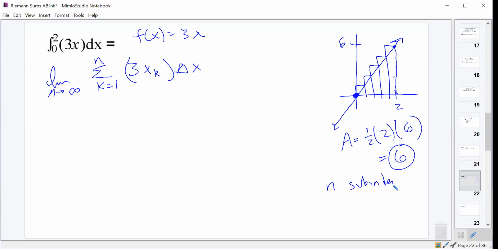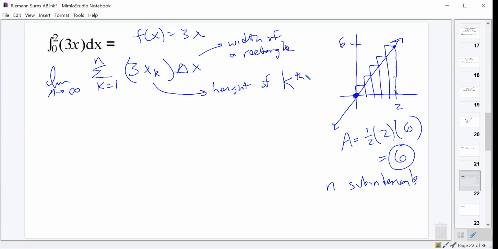And delta x represents the width of one rectangle, right? And 3x sub k, that's the height of the kth rectangle. So it's the arbitrary height of any rectangle that I might choose.